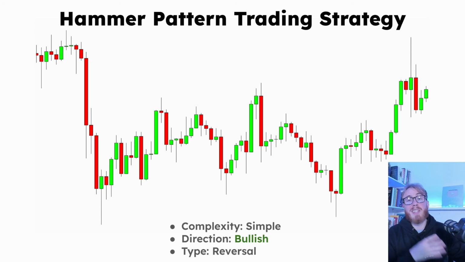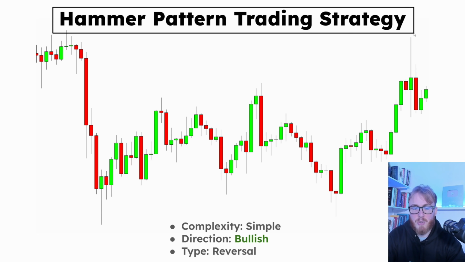All right then, so now when you know how to identify the hammer, let's take a look at the hammer pattern trading strategy. So how do we actually trade this candlestick pattern? Well, the first thing we need to do is of course to find the patterns. So here, if you want to, you can try to find the hammers on your own. If you want to, pause the video right now and try to find the patterns. Did you find any hammer patterns? Well, let's take a look here together.